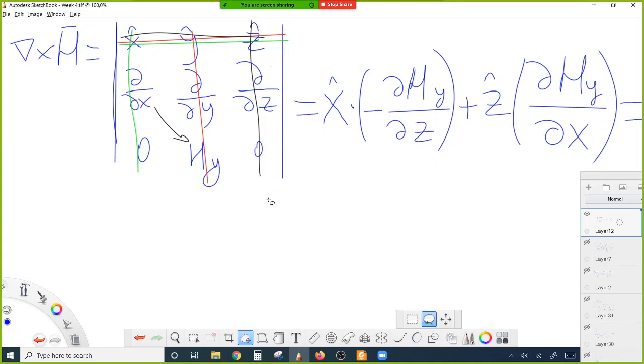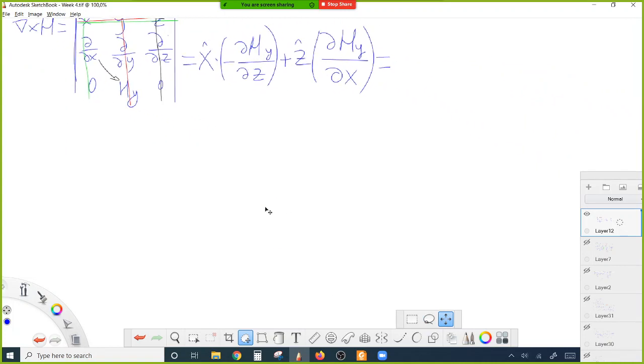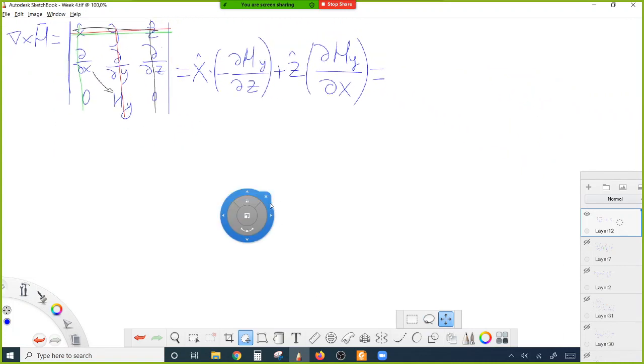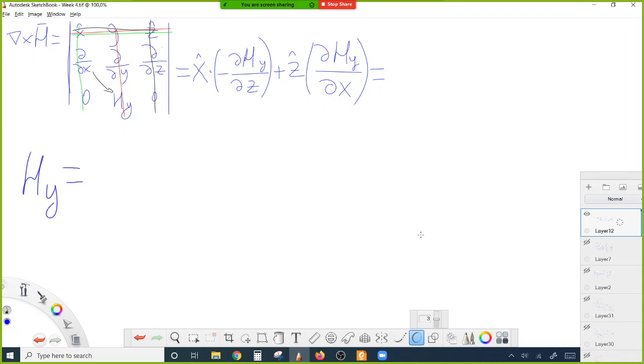Okay, before computing these two derivatives, let's write one more time the component Hy. When I write Hy, I will write it without the unit vector y.